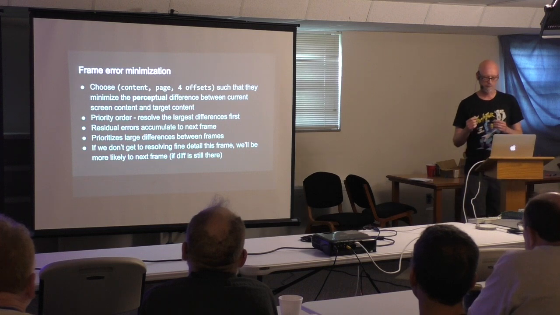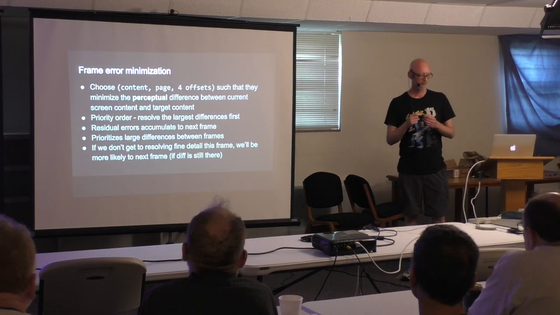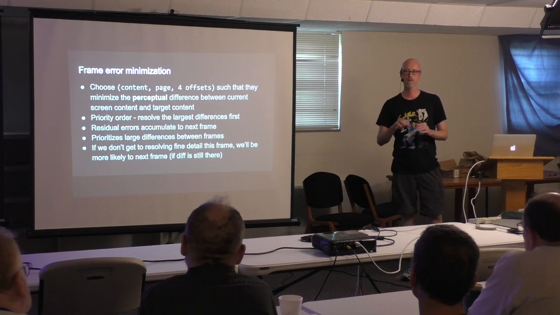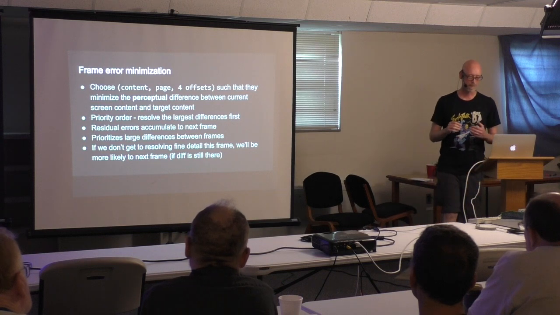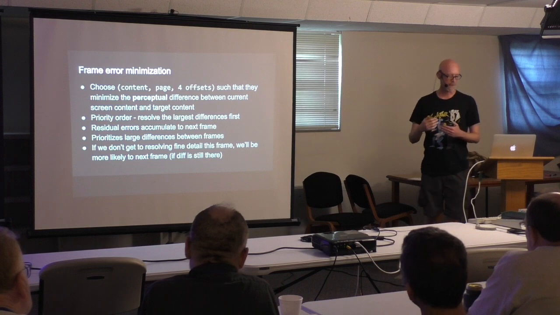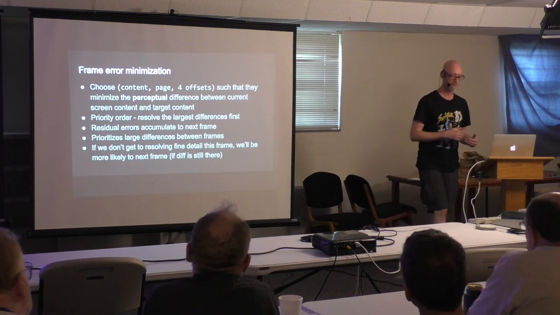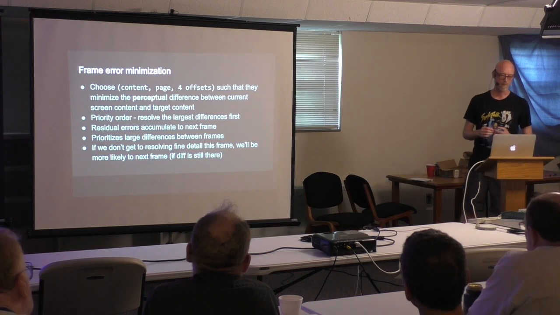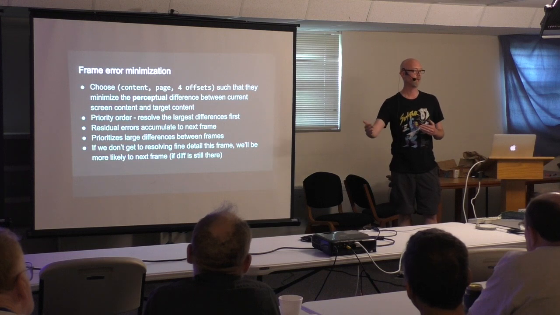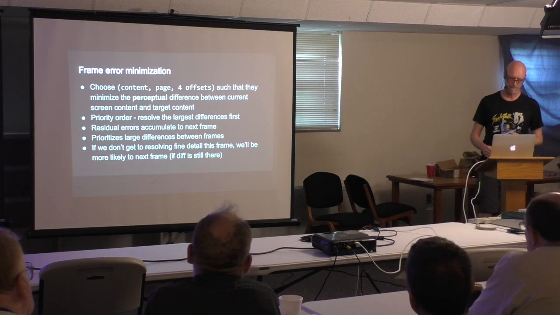So we work in priority order, sending the data that's going to resolve the most visual difference first. This prioritizes the large differences between one frame and the next. We may or may not get enough time to send everything, so the fine detail may not get resolved, but any residual errors accumulate to the next frame, so we're more likely to fix them next time if they're still there.